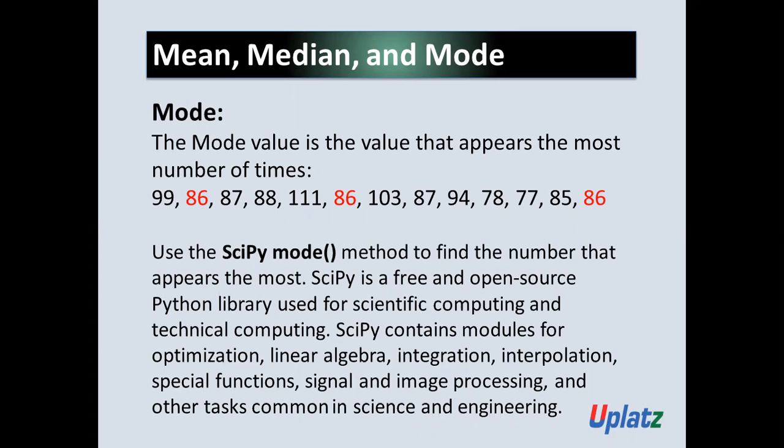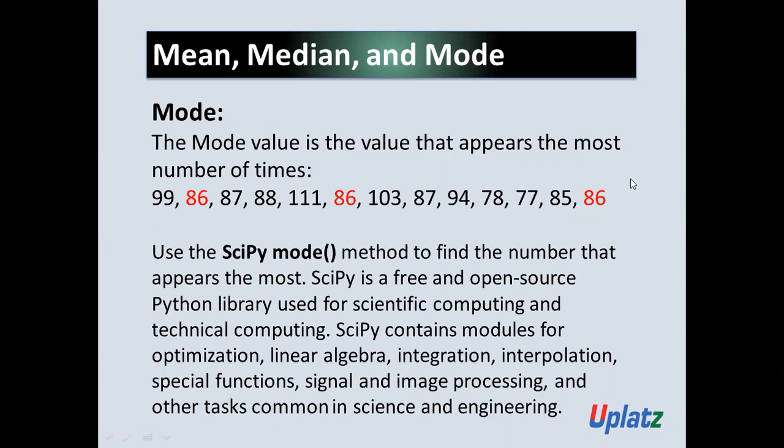Mean value is nothing but the average value. Median will be the middle value after you sort all of your values in ascending order. And the mode is nothing but the value that appears the most number of times, the value that has the maximum count.